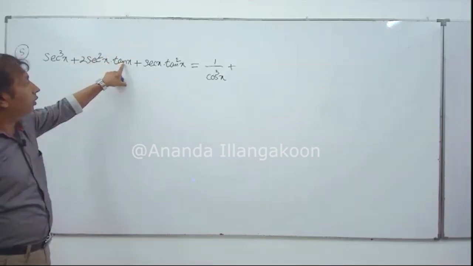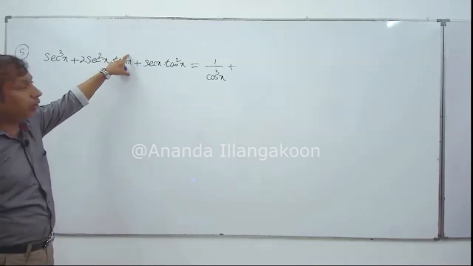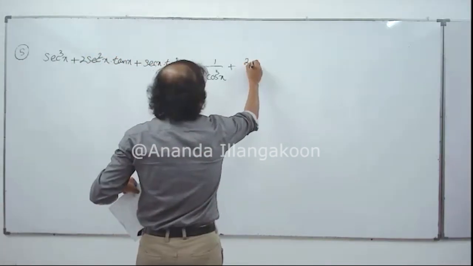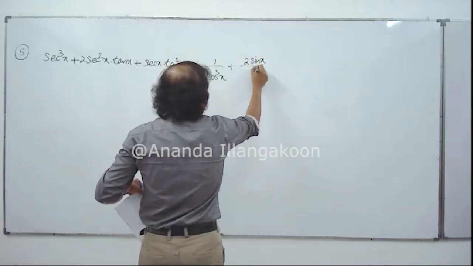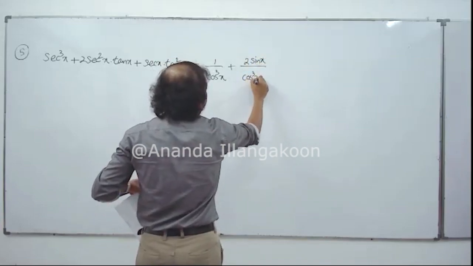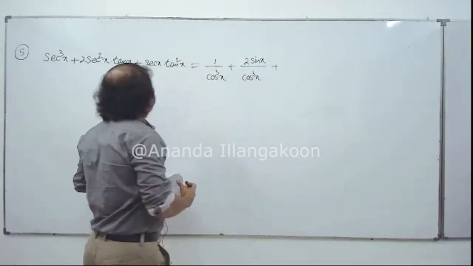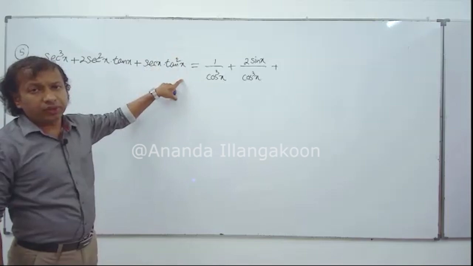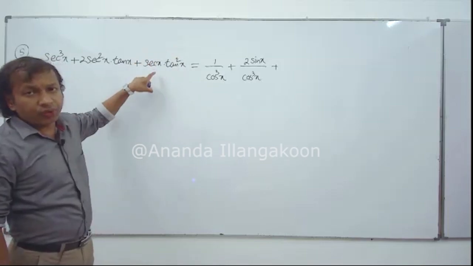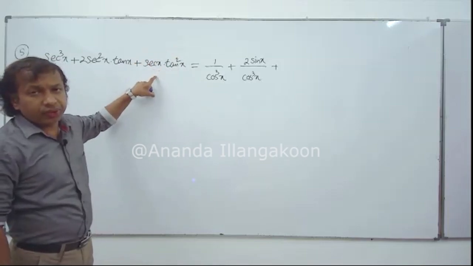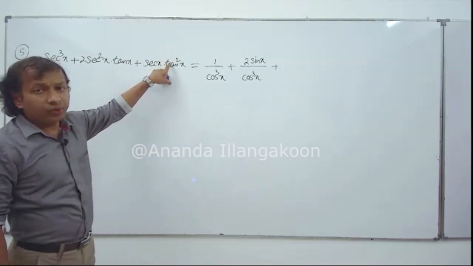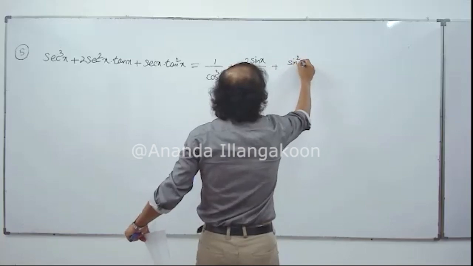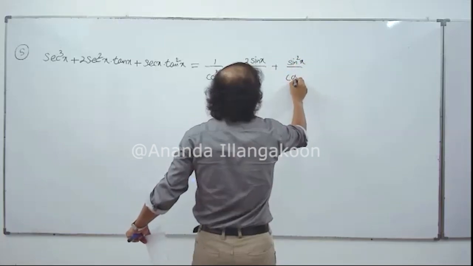Numerator, sin x and this 2, so 2 sin x divided by cos cube x. Tan squared means sin squared by cos squared, and sec x means 1 over cos x. Cos squared x, cos x, cos cube x. Numerator now we have sin squared x, so sin squared x divided by cos cube x.